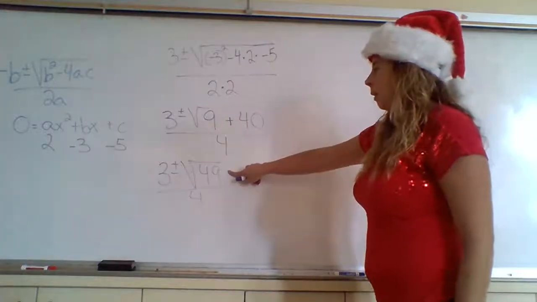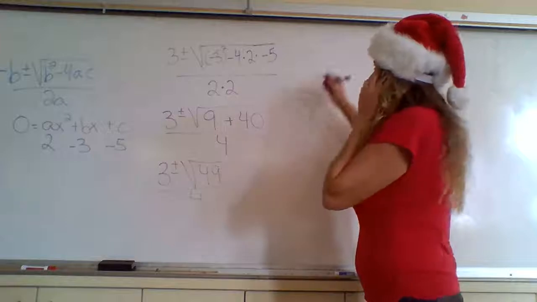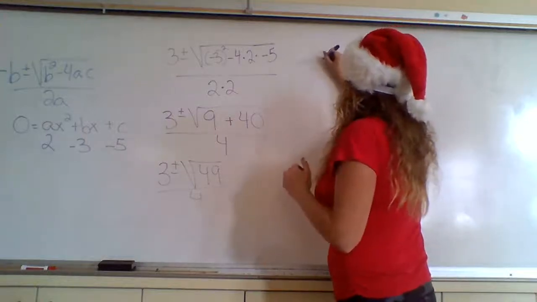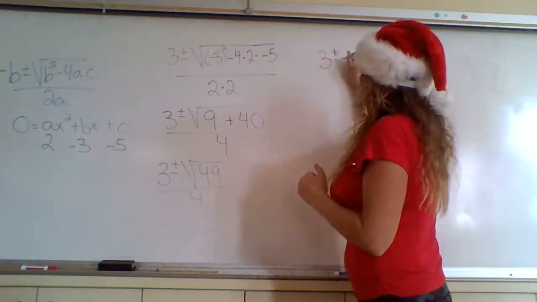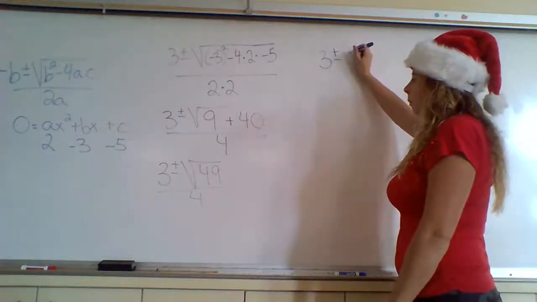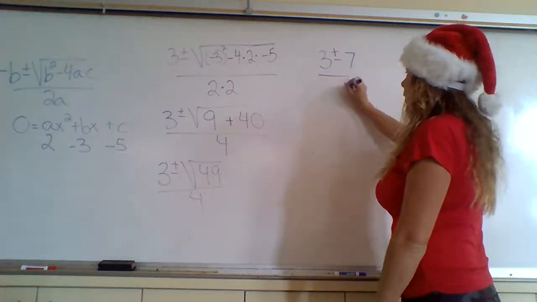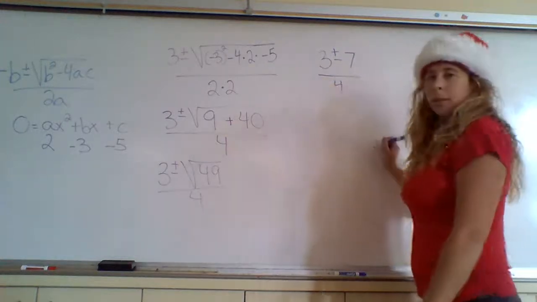Okay, here we are. 3 plus or minus 49. So take the square root of 49. So I have 3 plus or minus square root of 49 is 7 all over 4.